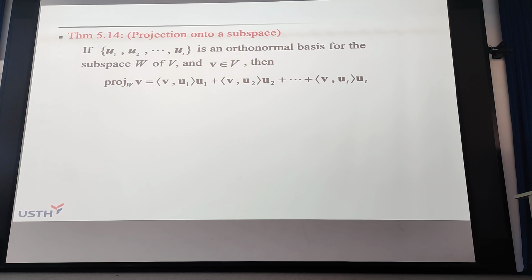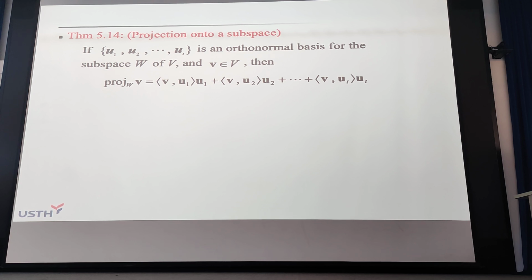Suppose that the subspace W of V has an orthonormal basis consisting of U1, U2 up to UP. Then the projection of any vector V on W will be given by that one. The formula is here.